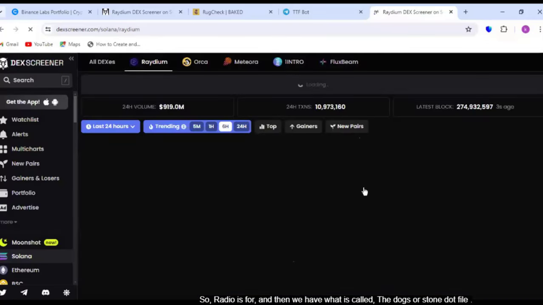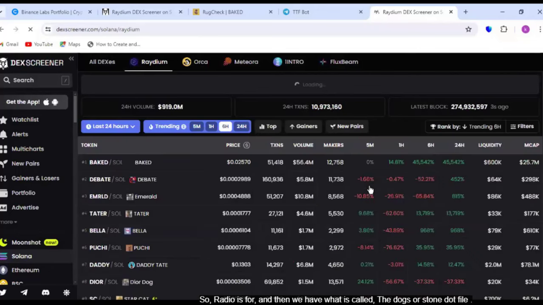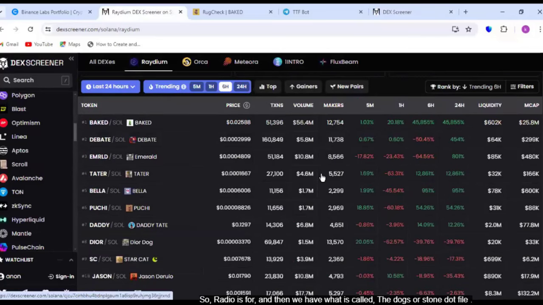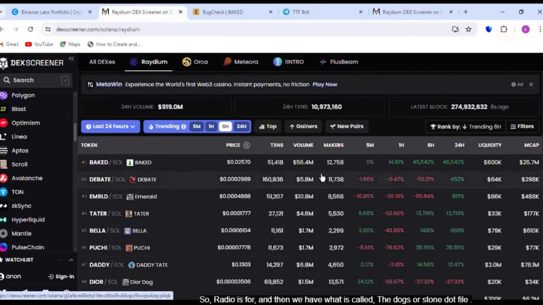Raydium is for Solana tokens, and then we have what is called the DeDust or STON.fi for Ton. STON.fi for Ton.